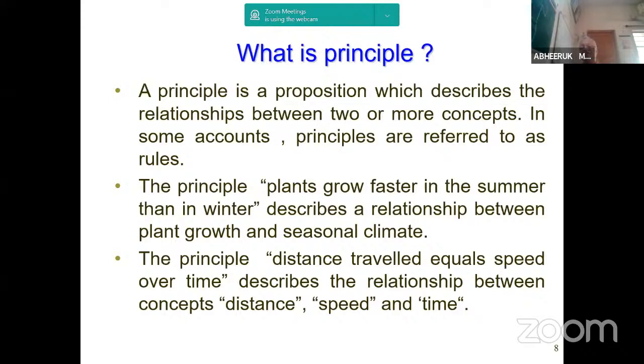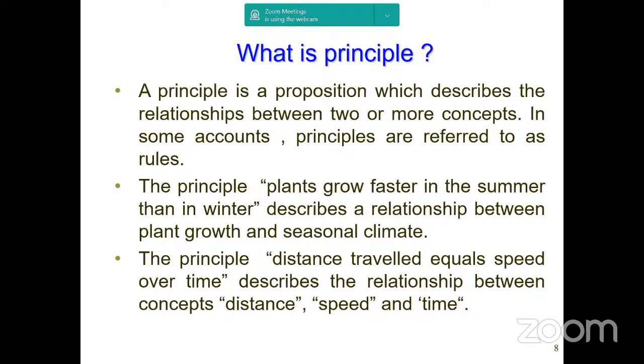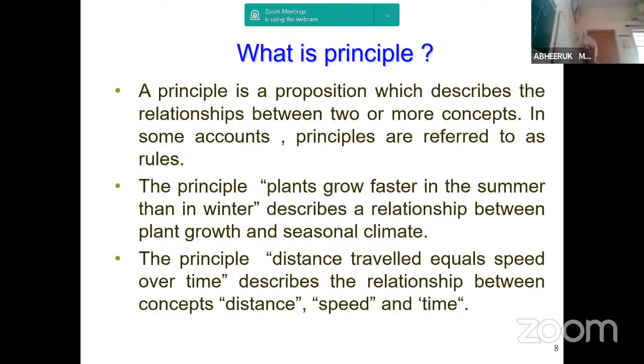Then in Newton's 3 laws, action, reaction, a lot of words and concepts we use. In the first principle, it will move in uniform velocity. So these are the concepts. In any principle, we give a proposition which relates 2 or more concepts.